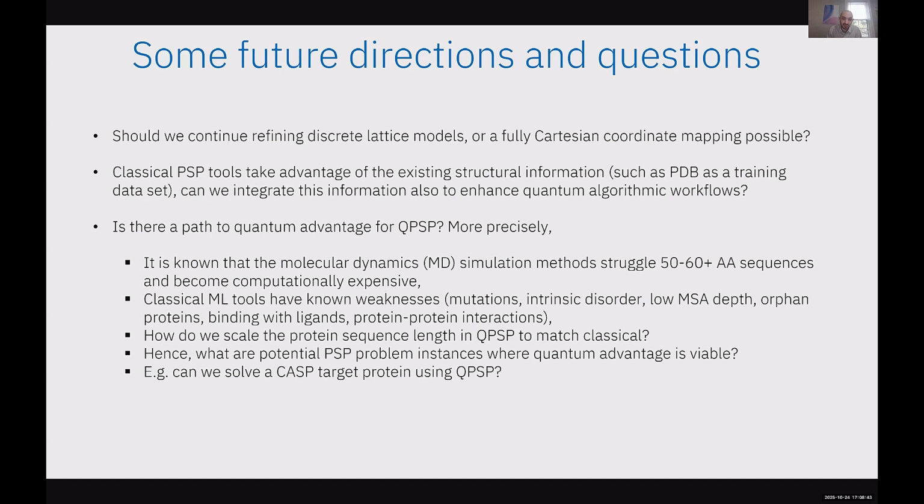But regardless, because of the way these deep learning models are designed, I think they're inherently incapable of capturing these intrinsically disordered regions, because these regions are not stable, they're dynamic, and the whole thing is dynamic. It looks like we definitely need a different approach. Again, these lattice models are good, but they also are very static.